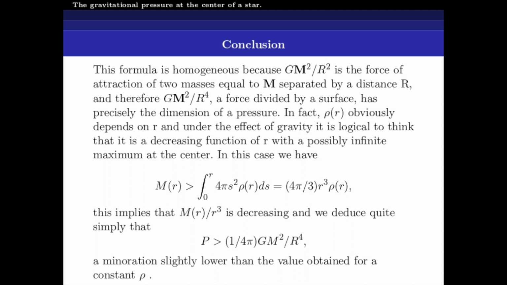This implies that m(r)/r³ is decreasing, and we deduce quite simply that P is greater than 1/(4π) G M²/R⁴. A lower bound, slightly lower than the value obtained for a constant ρ.